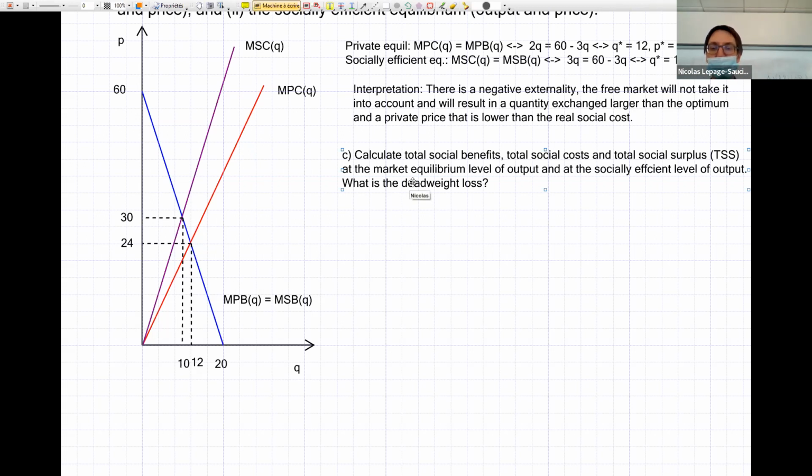Here, if you think about, for instance, the total social surplus, but at the inefficient level, then you just have to know what you are computing.